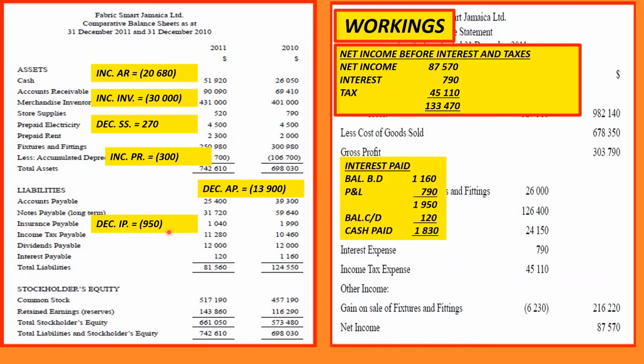The other item is the interest payable, which we handle separately since that is not an operating expense. So it does not come into the working capital.